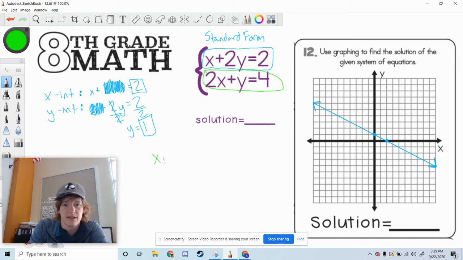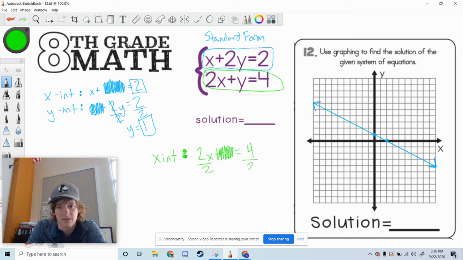If I want to find the x-intercept, then I need to plug in for y a 0. So I get 2x plus 0 equals 4. Plus 0 doesn't mean anything. I need to divide by 2. I get x equals 2. So my x-intercept is also at 2.